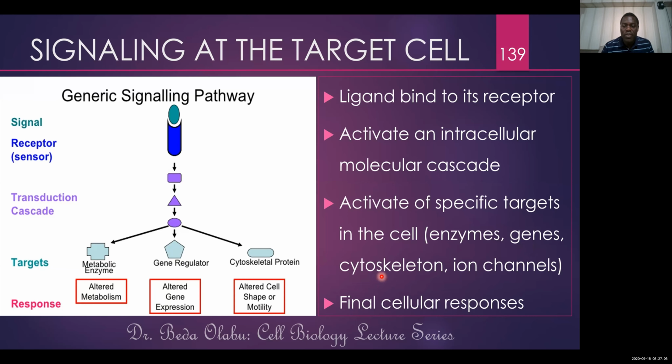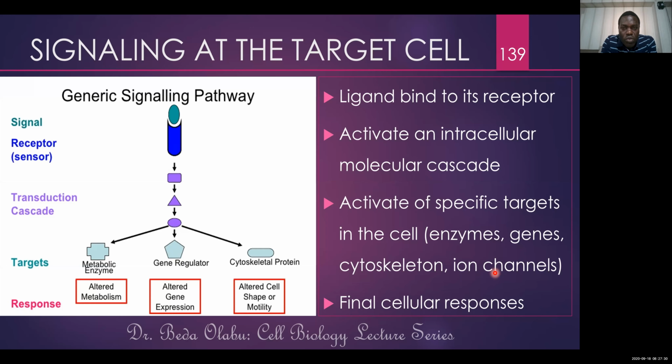If it is ion channels which are activated, then you may have transport of some molecules either into or out of the cell, because it means you open ion channels. And so some small molecules can either enter or leave the cell.